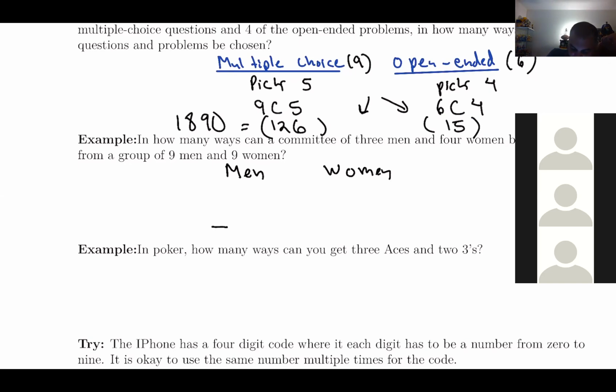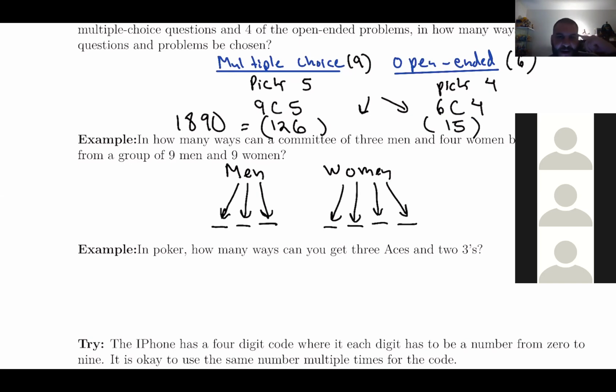So that means we have 3 spaces open for men. So 1, 2, 3. What about for women? How many women do we want in this committee? 4. Perfect. Thanks, Stephanie. There you have 1, 2, 3, 4.